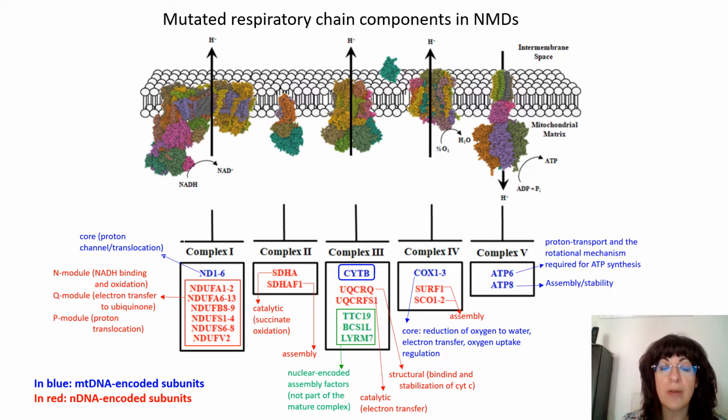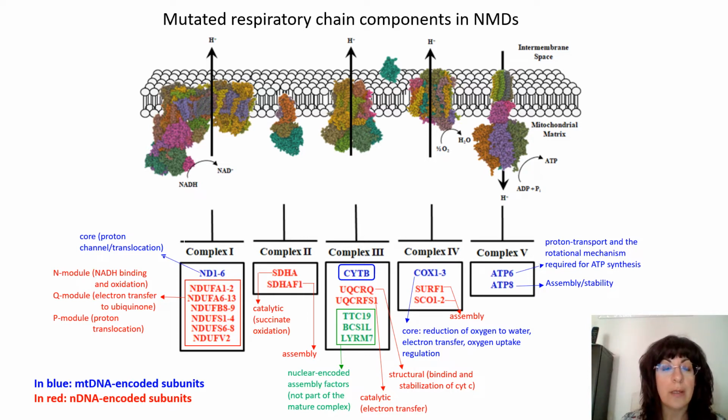In complex 5, mutations have been found in ATP6 and ATP8 genes, which encode subunits A and 8 of the F0 domain, respectively. They are involved in proton transport and assembly stability of this complex. So this mutation can affect ATP production linked to proton transport.